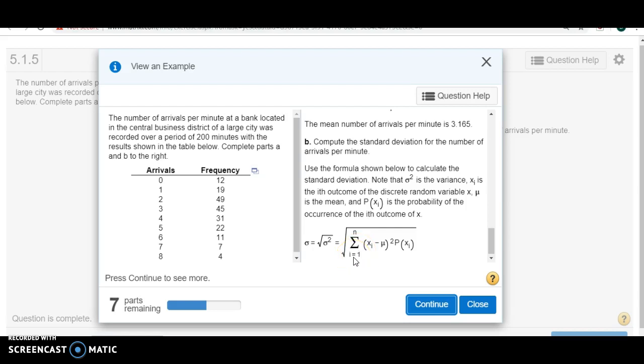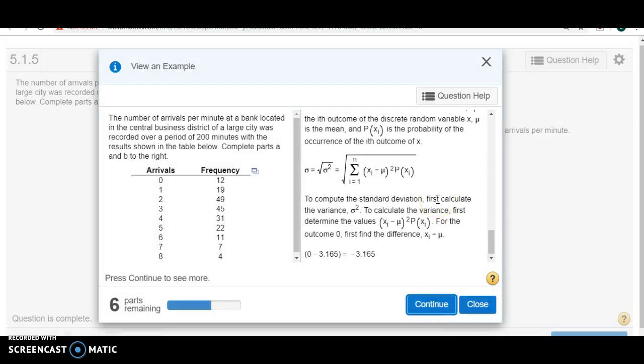That's a lot of steps, so let's break it down. It's xi minus the mean, squared, times p(xi).